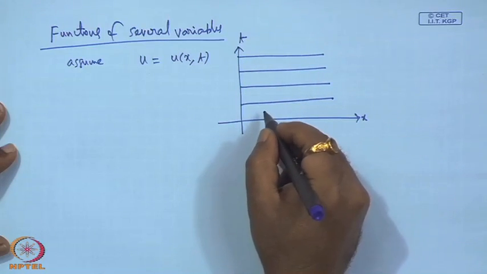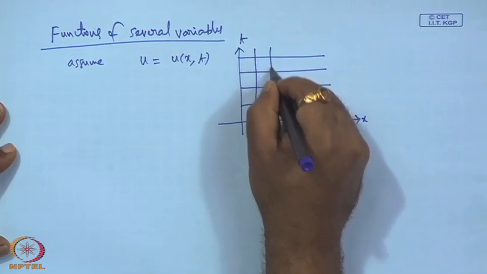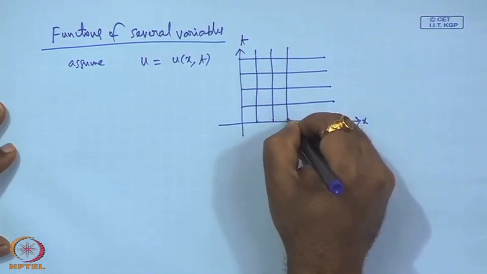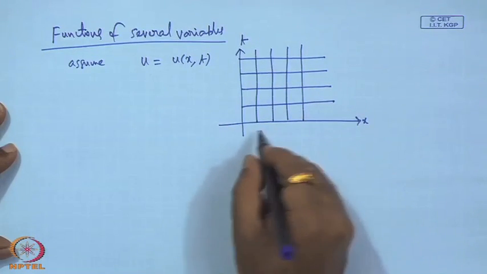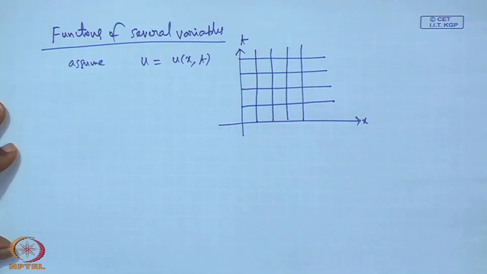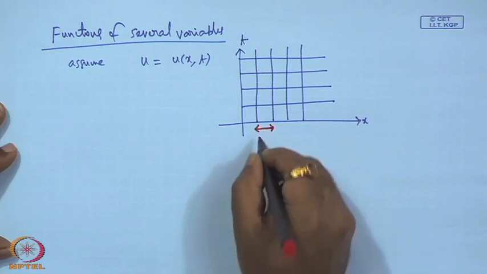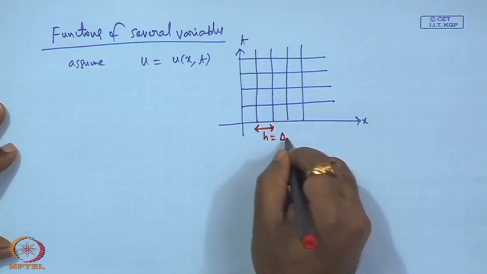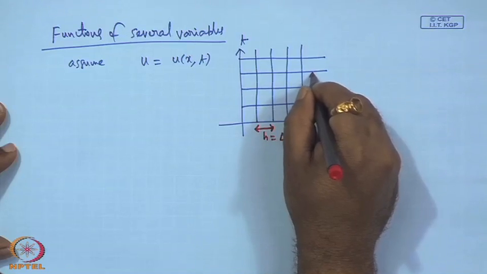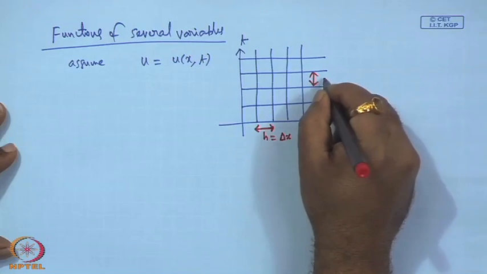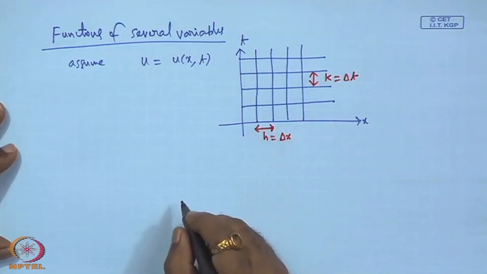So, this is the discretization of the domain. It goes like this. You can see this is h, which is our delta x, and this one is k, which is our delta t.